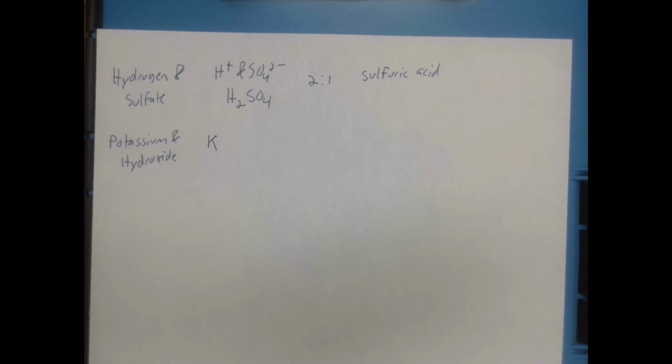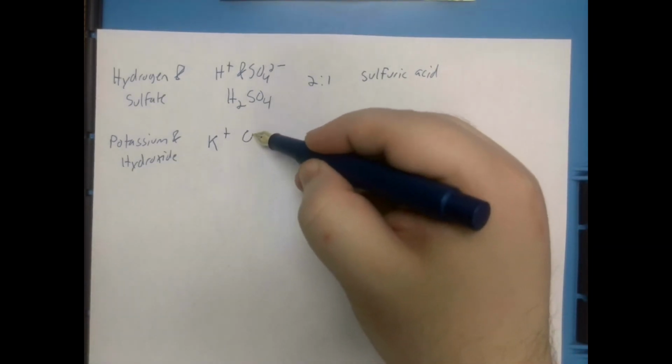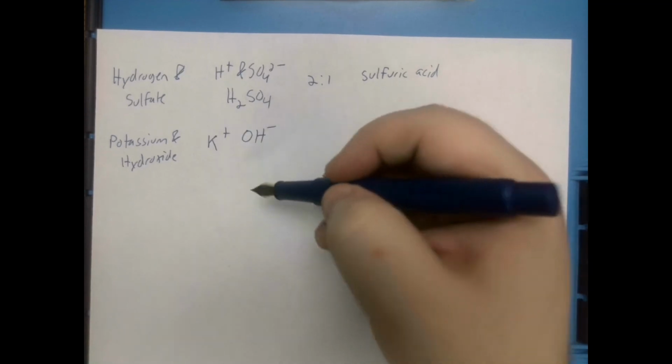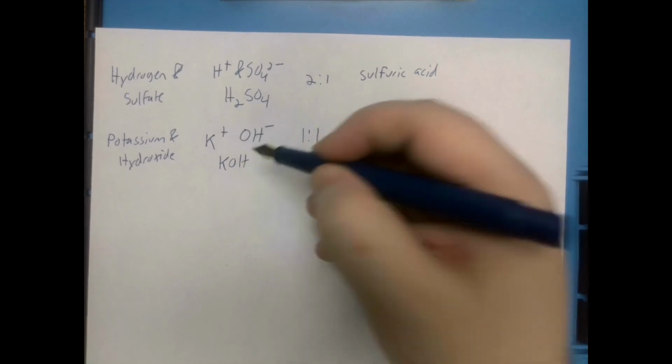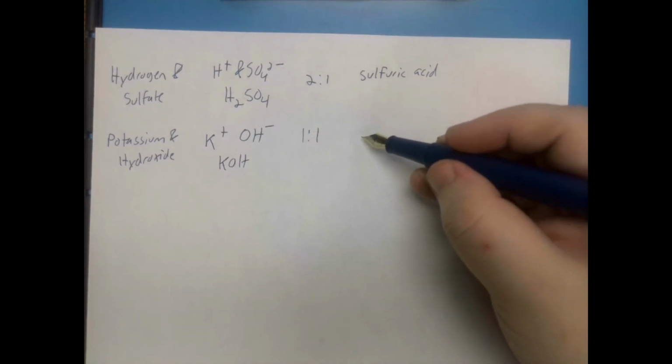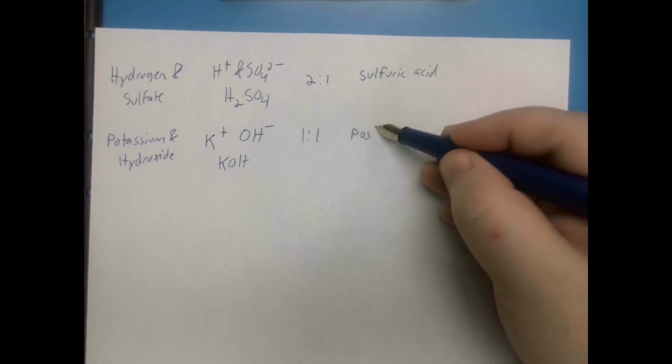So you really only have to worry about remembering when you need to call something an acid and when you put the ionic. So this is a 1-to-1 ratio. The formula is going to be KOH. And for ionic and base naming schemes, it's the name of the cation unchanged, so potassium.